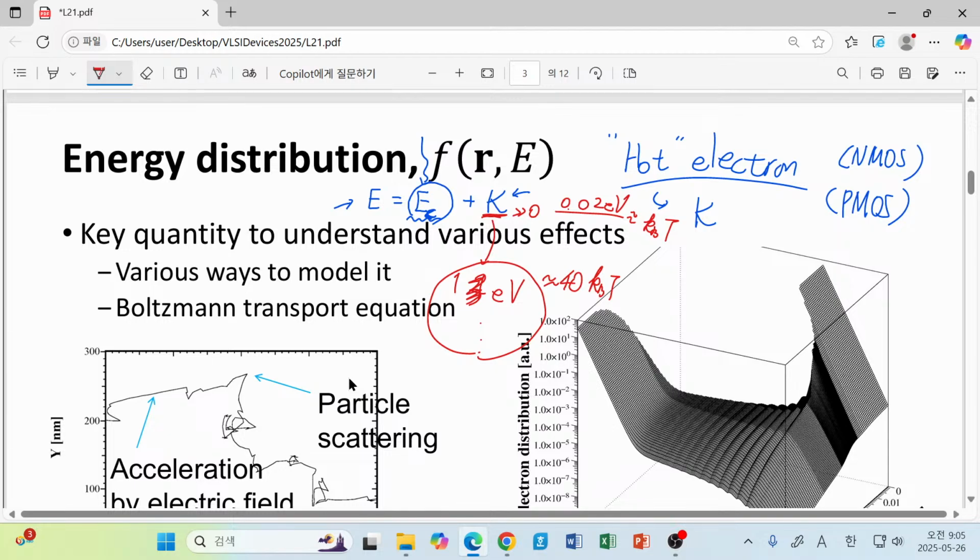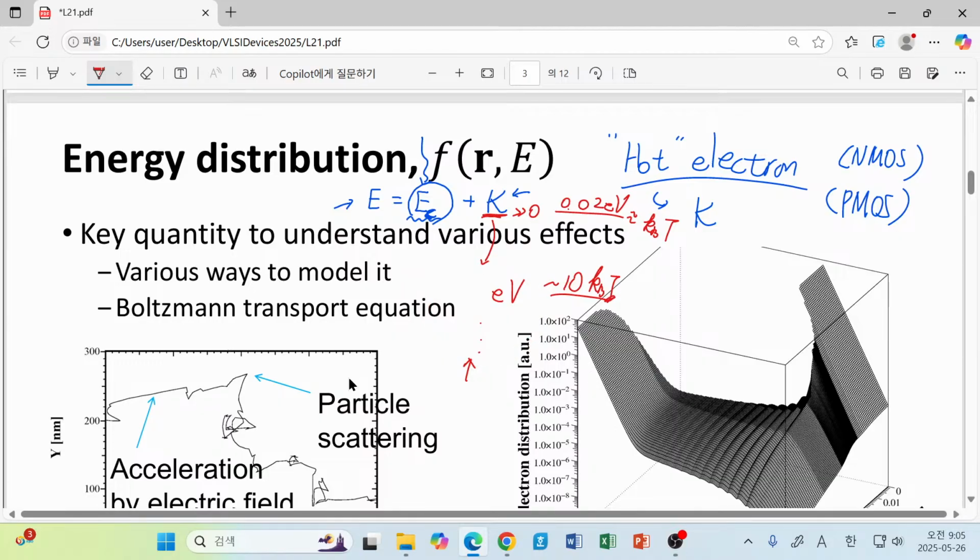So it is really improbable to have such a high electron energy in terms of kinetic energy. So this one is regarded as a hot electron.